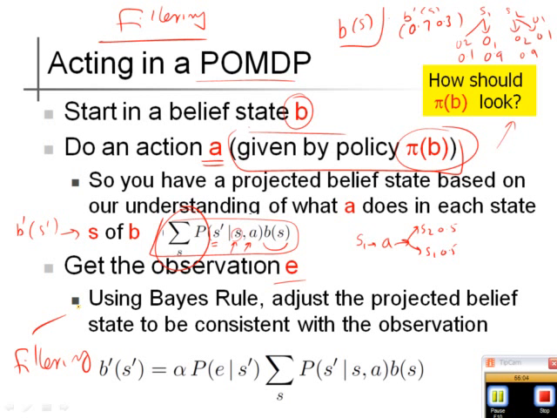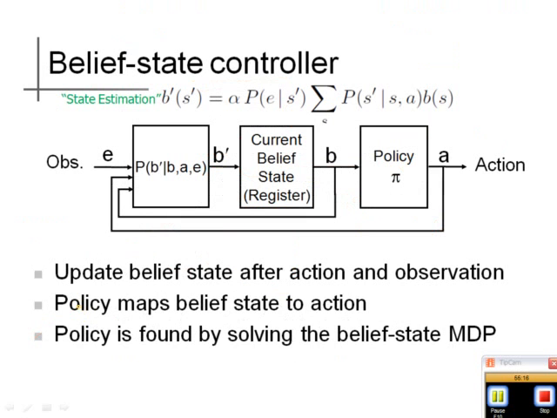There is no choice. There is no randomness. All the randomness is put into your belief state. Okay, and then now you got belief state B'. So essentially, you keep that as your current belief state, and then look to do what next action.